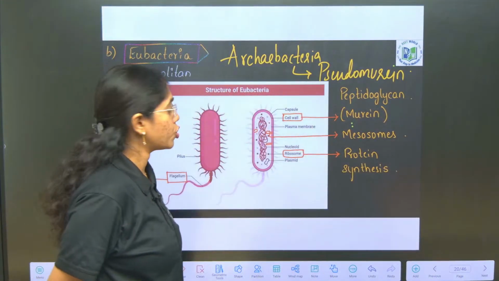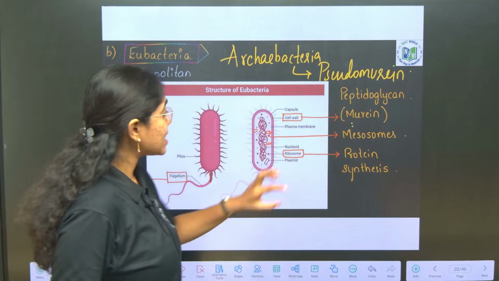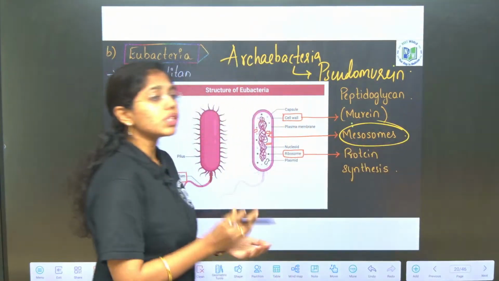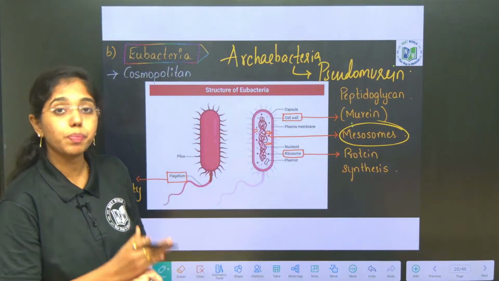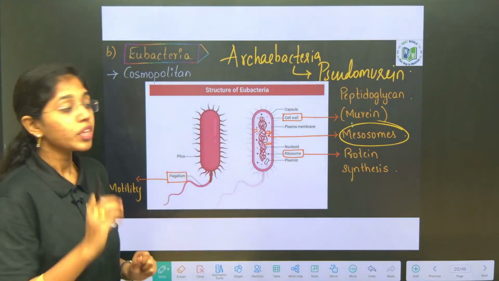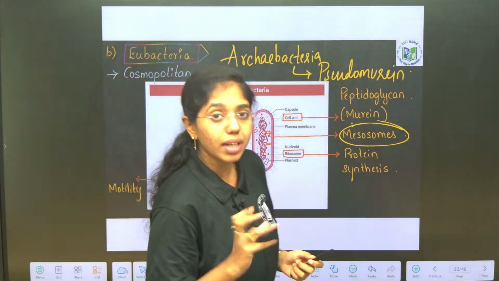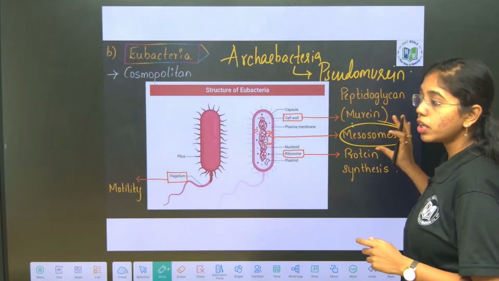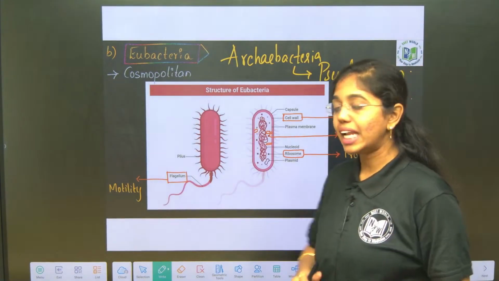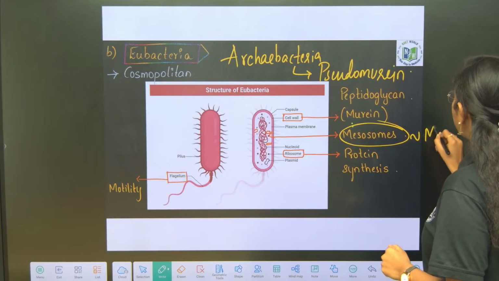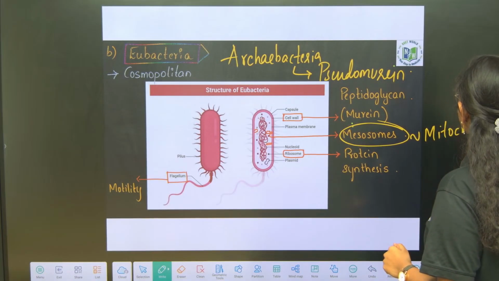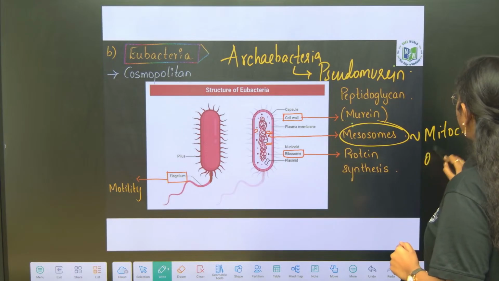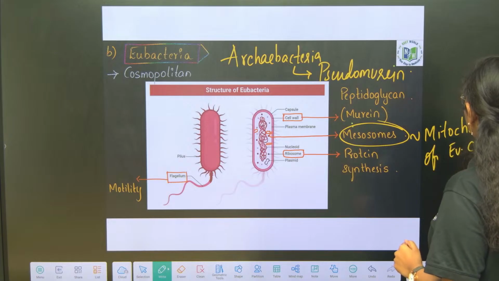Here the cell wall is composed of murein, and the cell membrane has extensions towards the cytoplasm, that is mesosomes. Mesosomes act as respiratory organs in the bacteria, because mesosomes release the respiratory substances which aid in respiration. As such, mesosomes of a prokaryotic cell are equivalent to mitochondria of a eukaryotic cell. Remember that, beta.